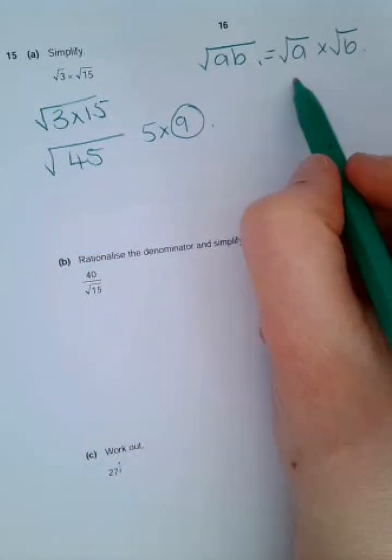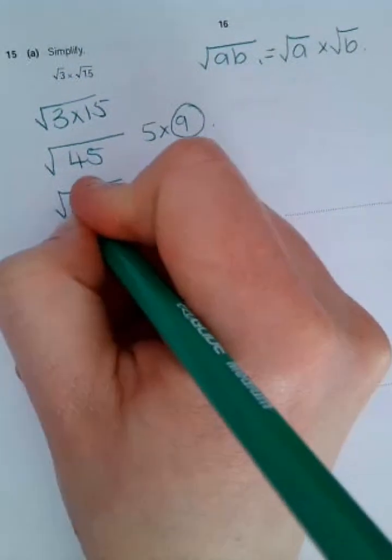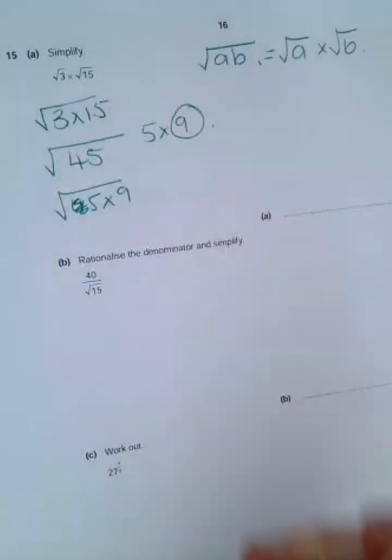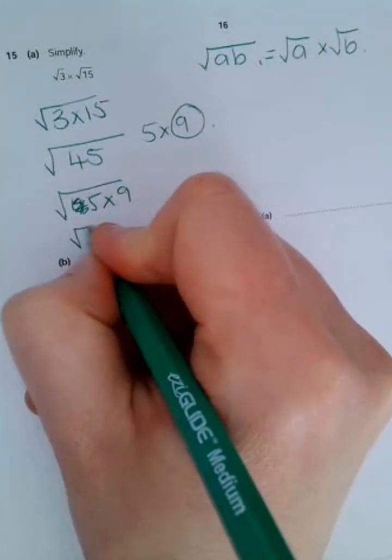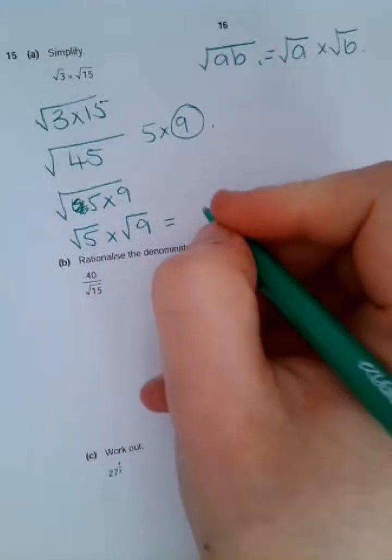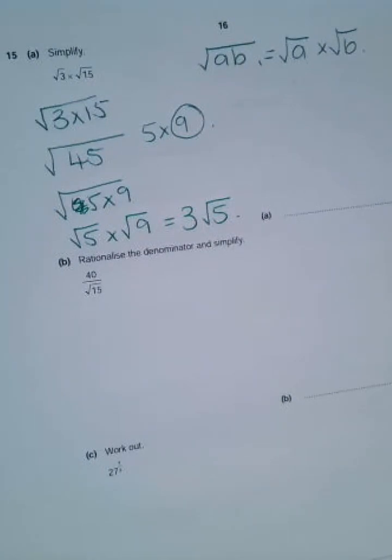So splitting it back up, the square root of 45 is the square root of 5 times 9. Split them up: square root of 5 times the square root of 9. Well, I know the square root of 9 is 3, and that leaves me with root 5. So I've got 3 root 5.